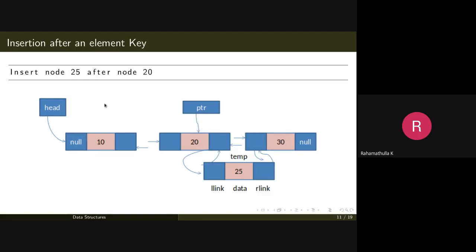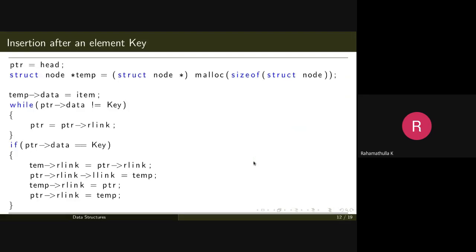You start from here and check whether this node equals 20 or not. No, it is not 20. You go to here and check whether this node equals 20. Yes, it does. Then you rearrange some of the pointers to point to here and some pointers point back to here. Then you can say that this node will be correctly inserted in between. So this is how you do it.